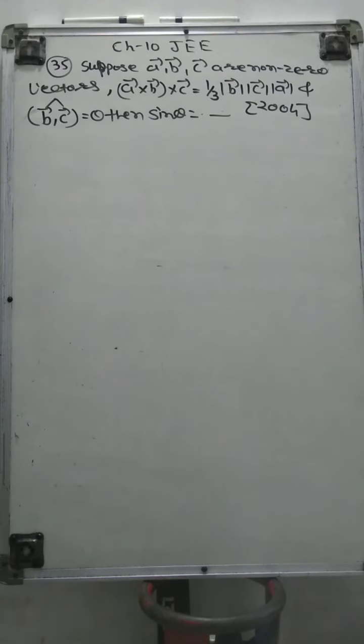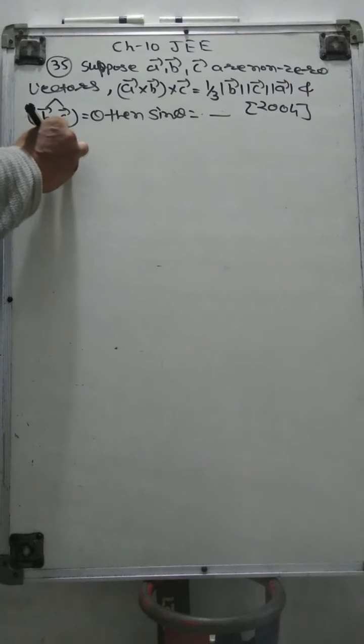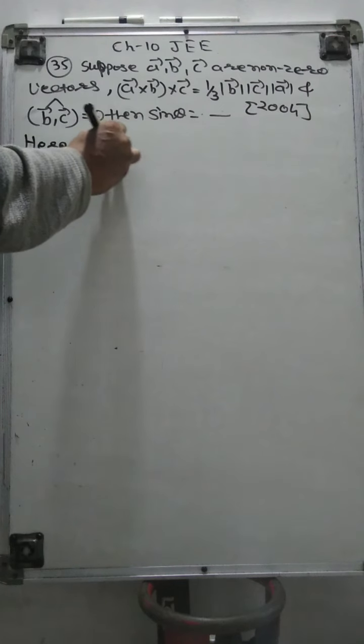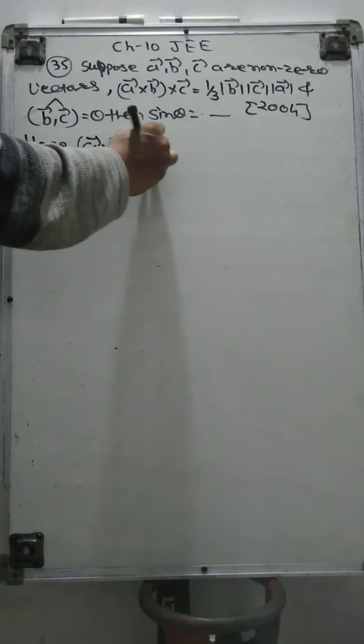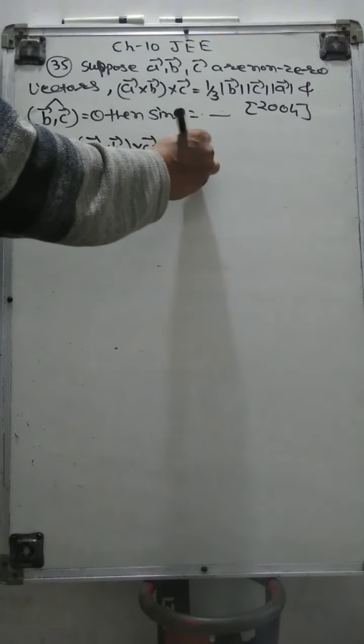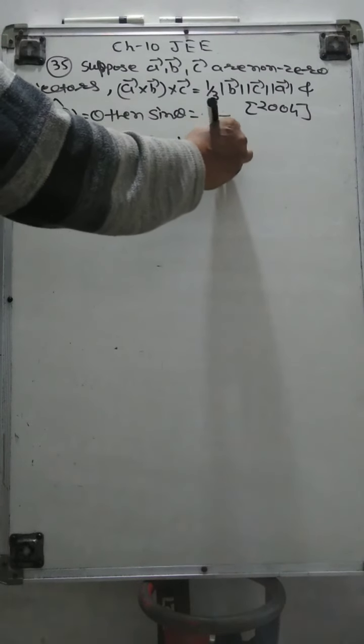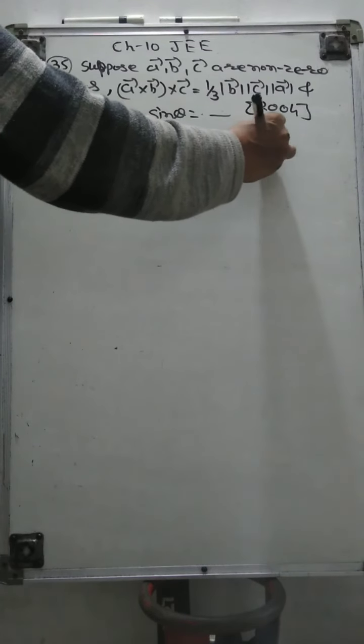35. Suppose A bar, B bar and C bar are non-zero vectors. A cross B cross C is equal to 1 by 3 mod B mod C mod A, and the angle between B bar and C bar is theta. Then what is the value of sin theta? So here, first of all, A bar cross B bar cross C bar is equal to 1 by 3 mod B bar mod C bar and mod A bar.